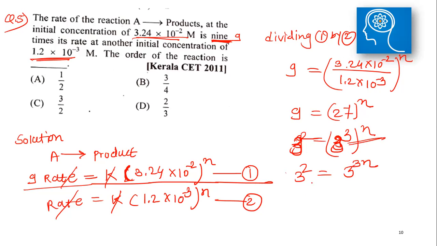Okay, bases are the same, so indices: 2 is equal to thrice n. So n is equal to 2/3. Okay, and what is asked? Order of reaction. This n is nothing but the order of reaction. So here it is 2/3. So which option is correct? Option D is correct. That is 2/3.